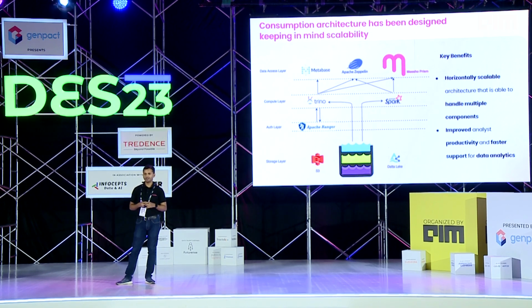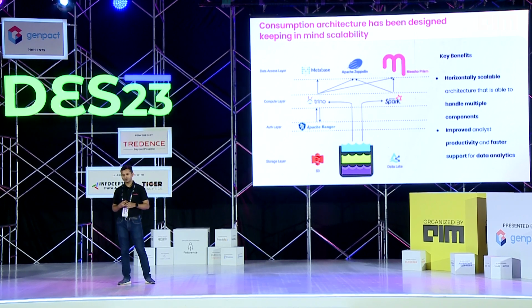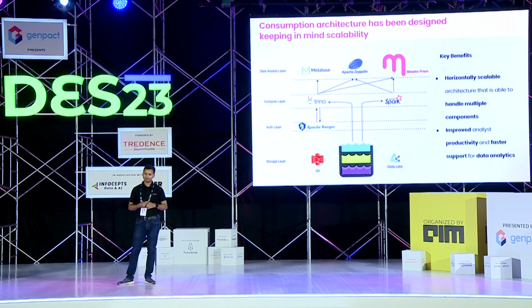From an authorization layer perspective, we utilize Apache Ranger. On the compute side, we use MPP engines like Trino and Presto. We also used Spark, and on the interfaces which provide access to different users, we use Metabase, which is an open source BI tool.